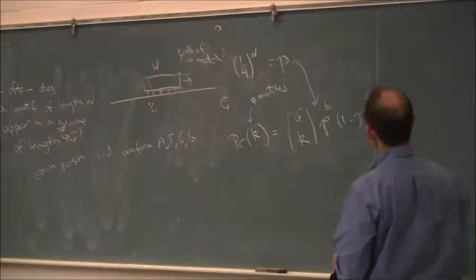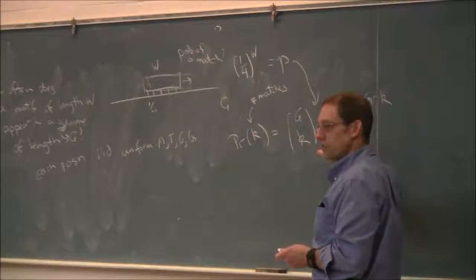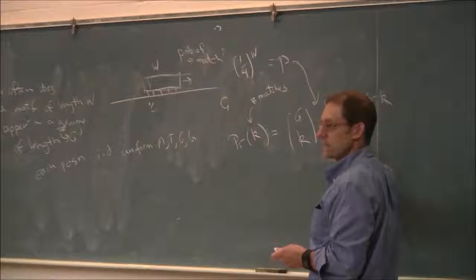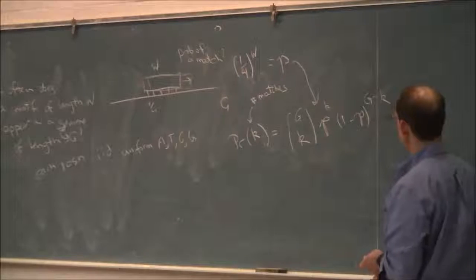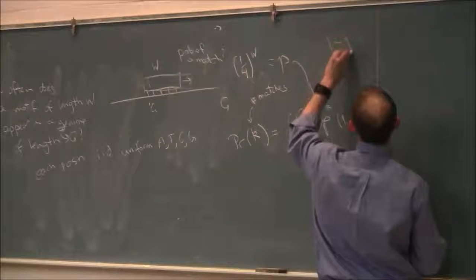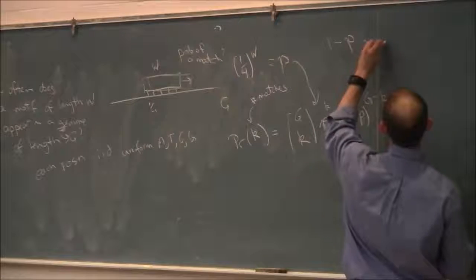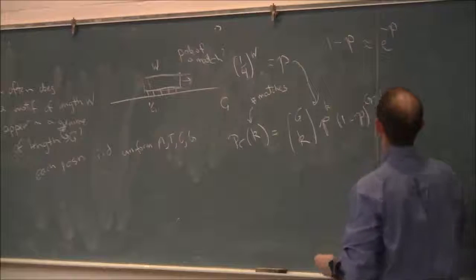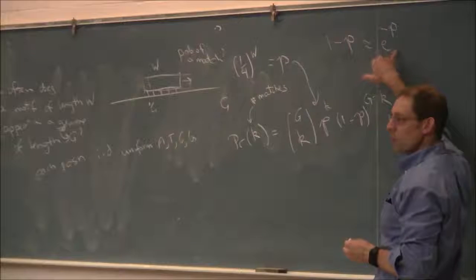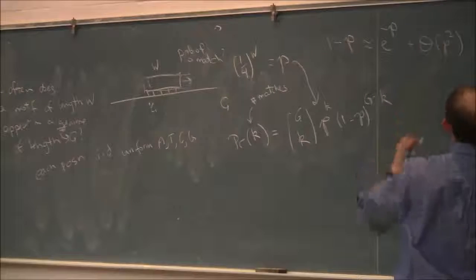All right. Now any issues with this binomial probability? All right, so here's what we're going to do. 1 minus p for small p is about equal to e to the minus p. If you do a Taylor series of e to the minus p, the first two terms are 1 minus p, plus order p squared.